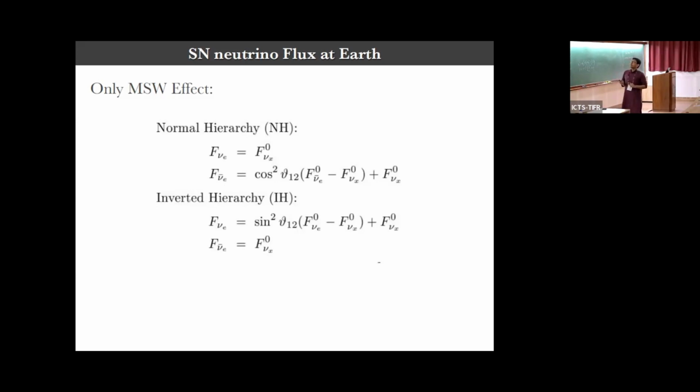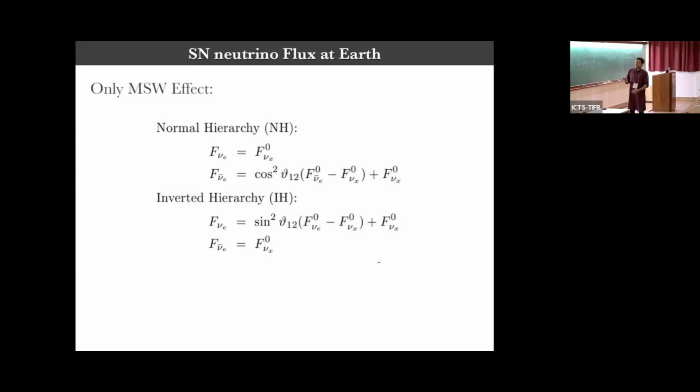If it's a normal ordering, the nu e flux depends on the nu x flux, where nu x is nu mu, nu tau, nu mu bar, nu tau bar, and 0 is the initial flux, the flux inside the star, and this is the flux you would expect at the detector. It depends on the initial flux in this way.